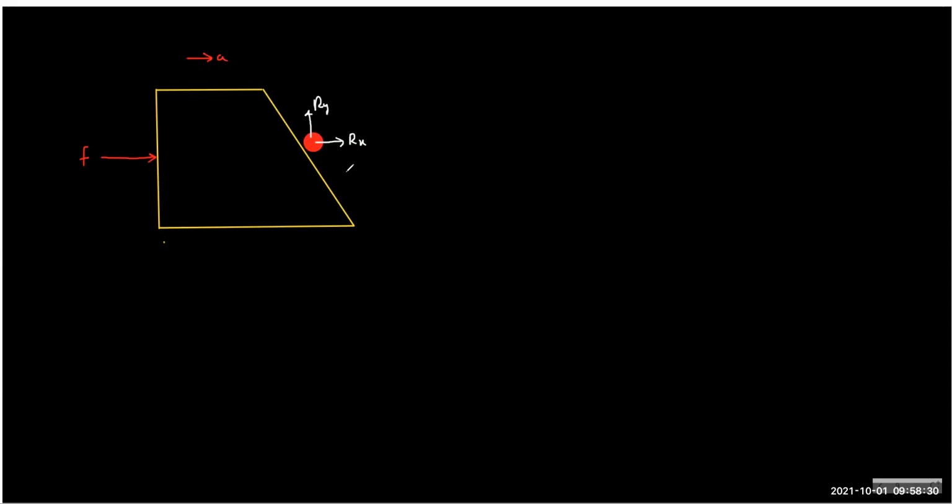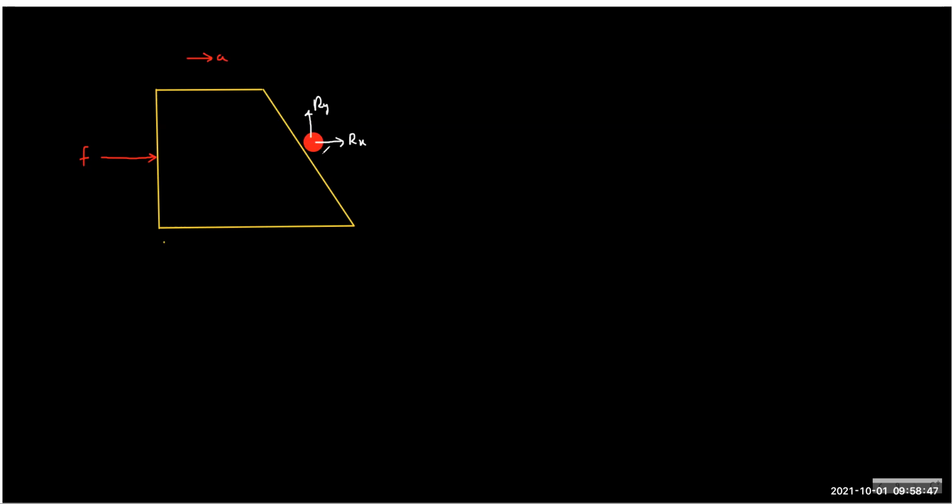If the tendency is to go down, it means gravity is dominating over the frictional force component-wise, and therefore R will act somewhere towards the right, and that we have discussed.